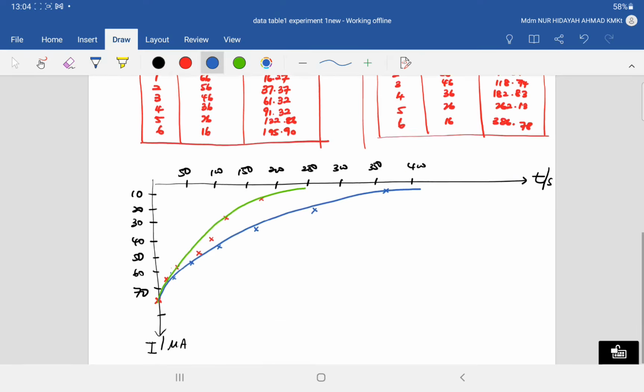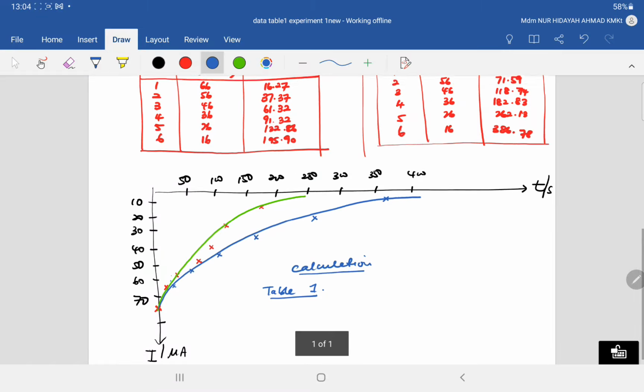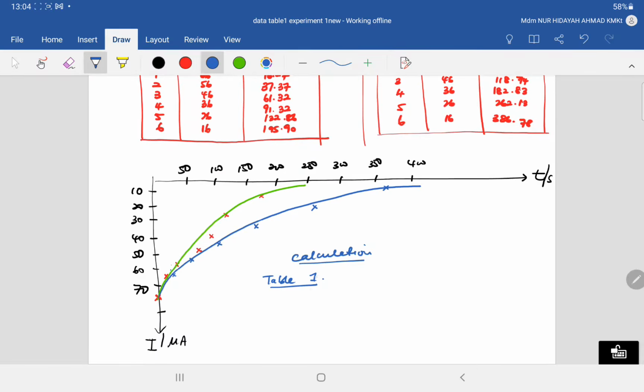Okay, for the calculation, calculation for table 1 first. We want 0.37 of I naught.